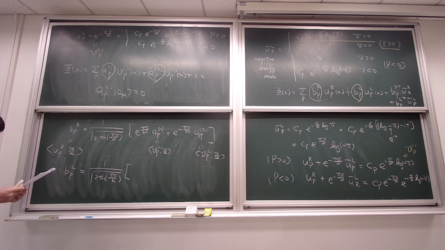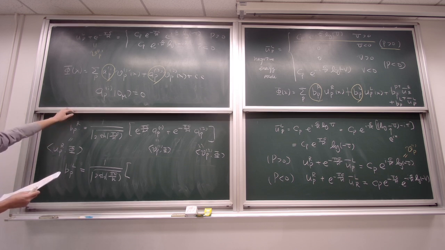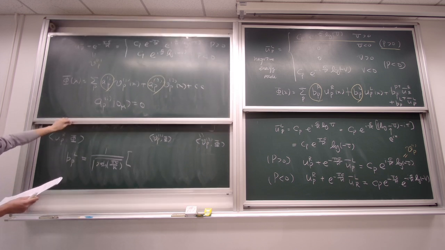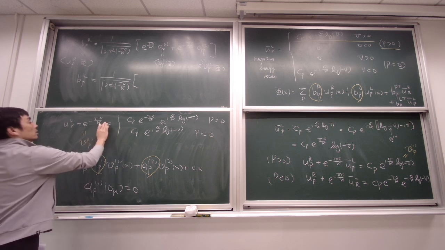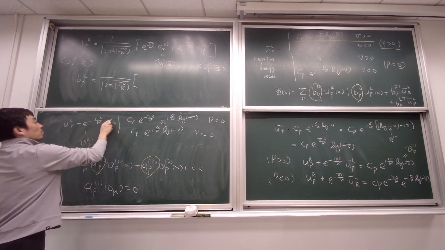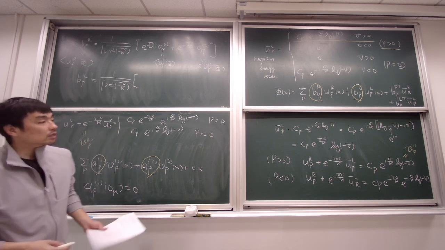Shall we try to derive that? Okay, so let's do that. I think I didn't write down the note. So this is equal to U R bar and P, right? Okay.